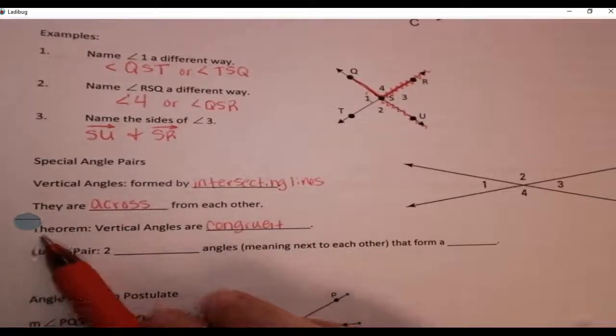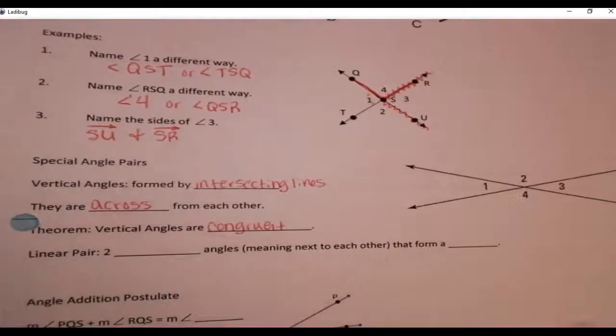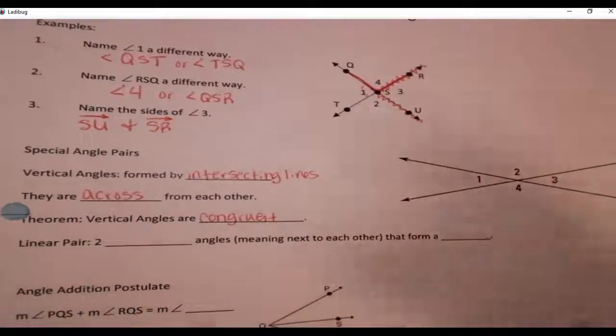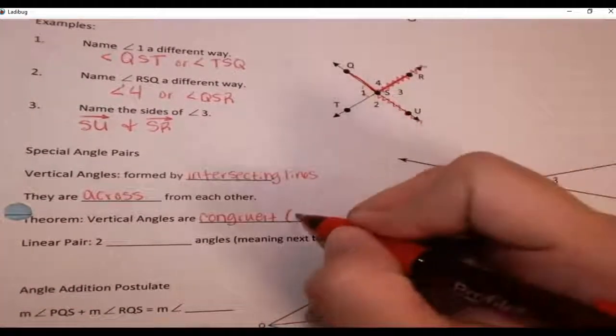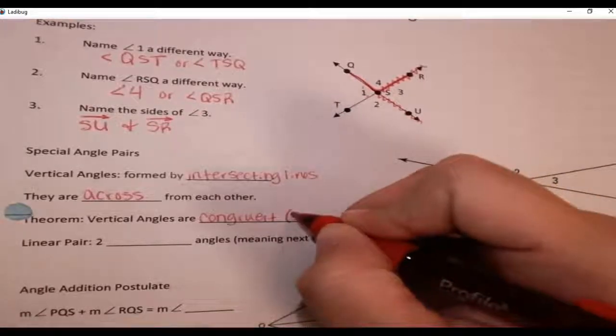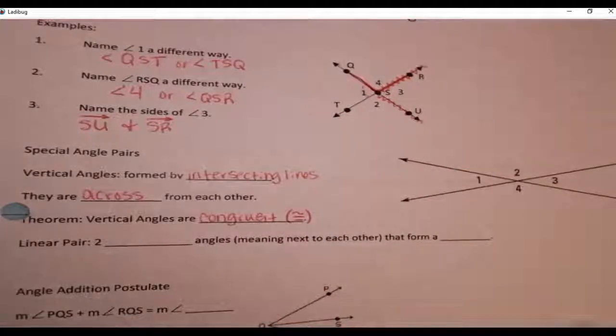It's called a theorem, and that's just kind of like a rule. That's vertical angles are congruent. And congruent just means equal. A symbol that means congruent is an equal sign with a squiggly on top. If you see it equal with a squiggly, that means congruent. We'll talk more about symbols tomorrow.